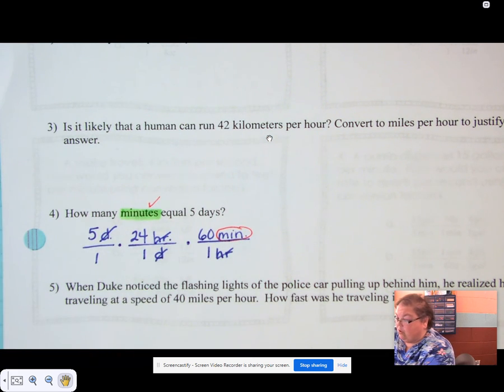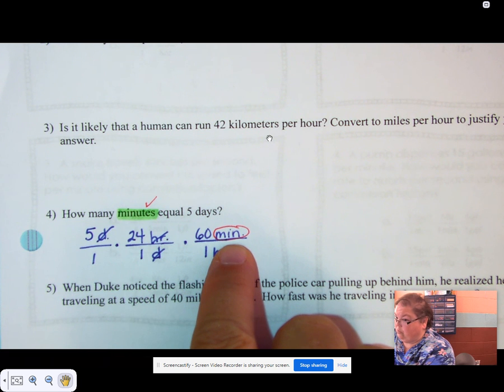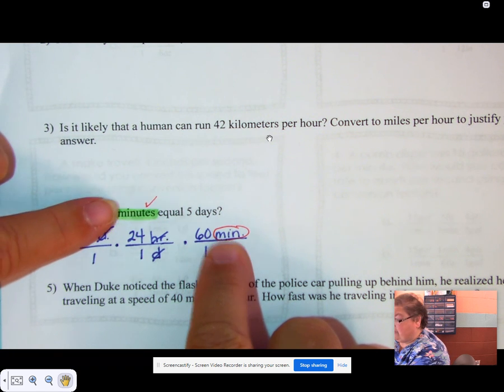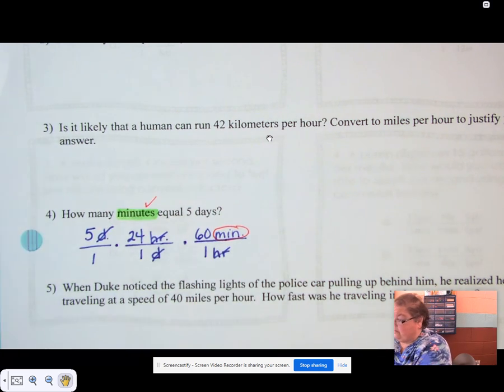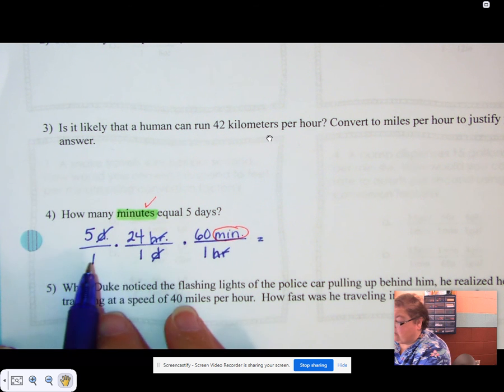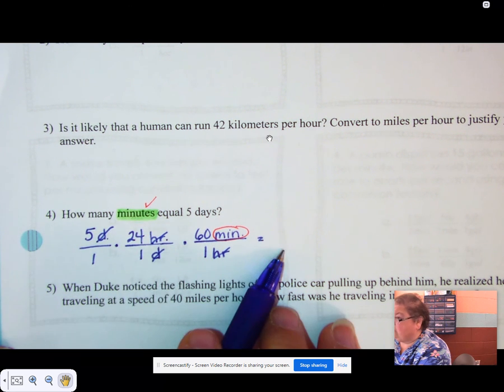Okay, so once you have the word or words that I'm looking for, I know I'm finished. Okay, I was asked how many minutes? I'm at minutes. I stop. That's how you know where to stop. Now, again, I'm going to multiply this fraction, and again, 1 times 1 is 1 times 1 is 1.